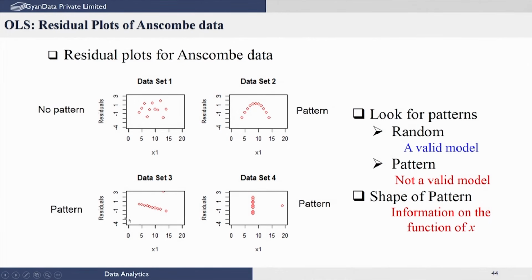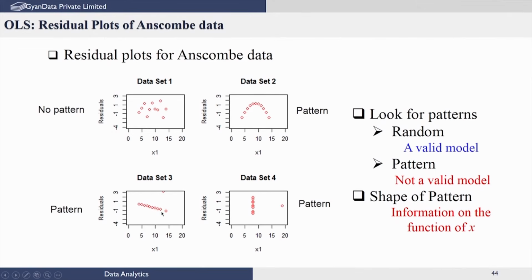Now, based on this we can safely conclude that for data set 1, clearly, the linear model is adequate. All the previous measures were also satisfied, and now the residual plot also shows a random pattern, or what we call no pattern, so the linear model is adequate. Whereas for data set 2, by looking at the residual plot we can conclude that a linear model is inadequate and should not be used for this data set.